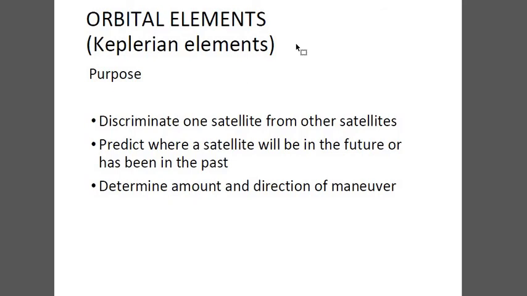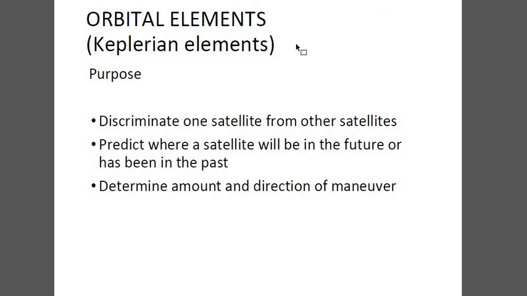So each and every element is very important to find all these things. It helps to discriminate one satellite from other satellites, predict whether a satellite will be in the future or has been in the past, and determine the amount and direction of the maneuver.